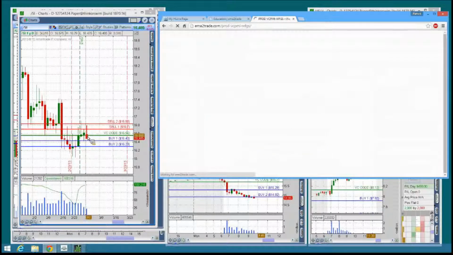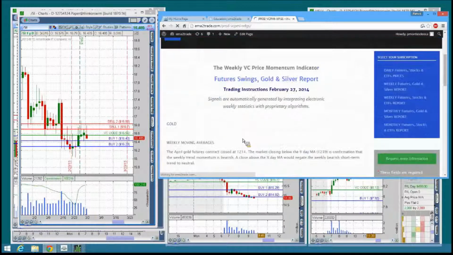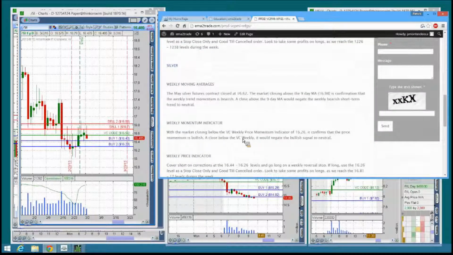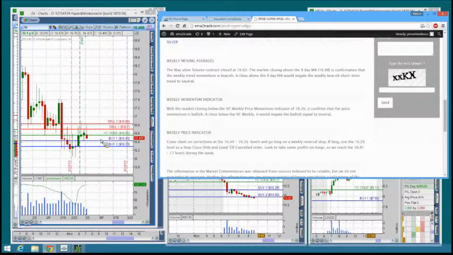On Sunday night, the Globex market opened at 1657.50, and you had in place a target zone of 1681 to 1700 for this position, and the high was made overnight on the Globex at 1679.